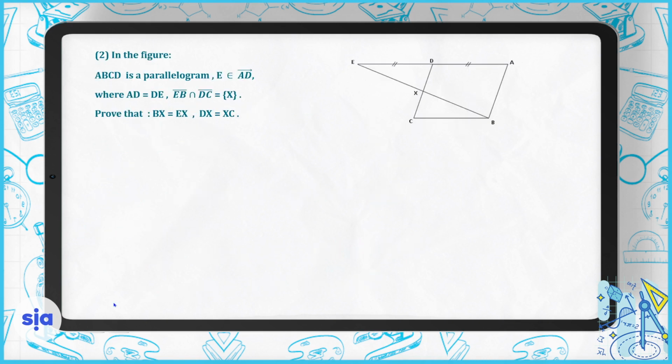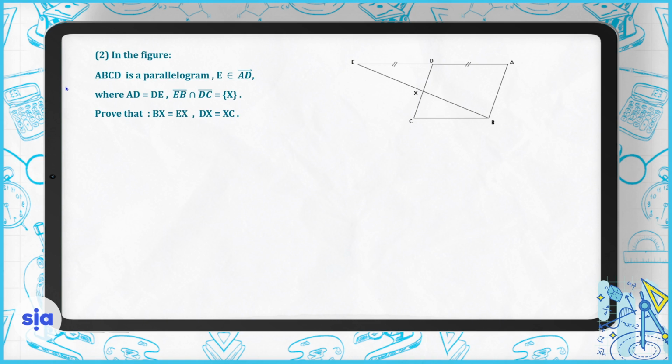Question number 2. In the figure, if ABCD is a parallelogram and E belongs to AD, where AD is equal to DE and EB intersects DC at point X, prove that BX is equal to EX and DX is equal to XC.